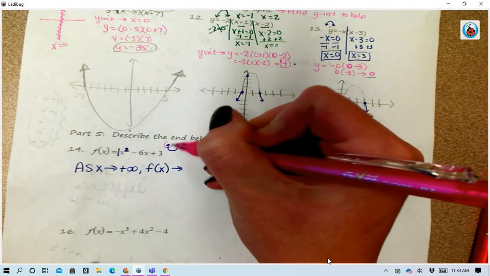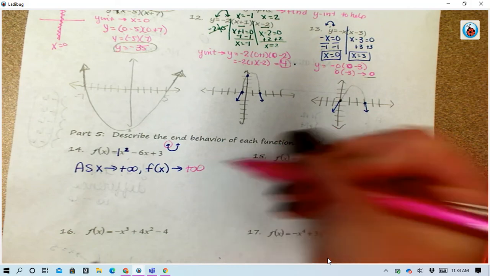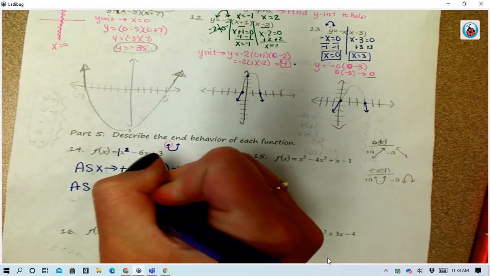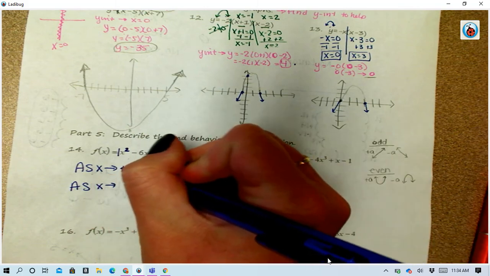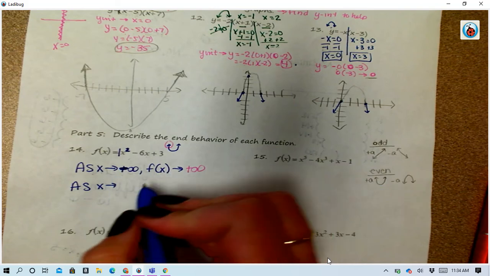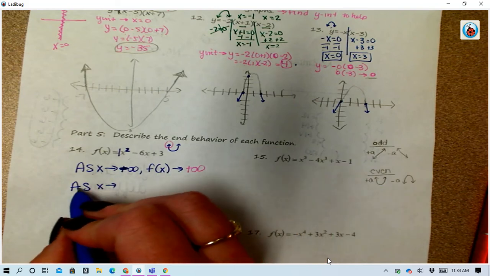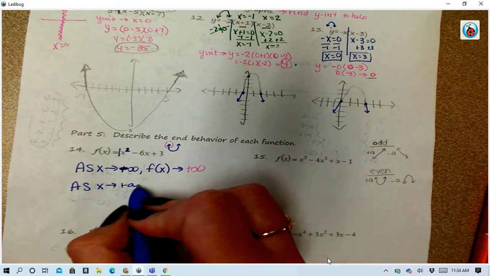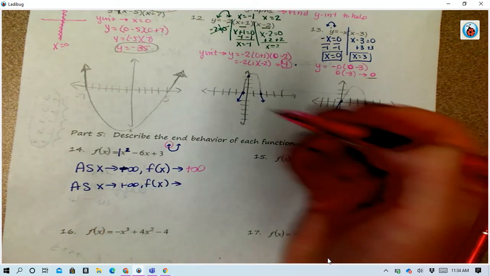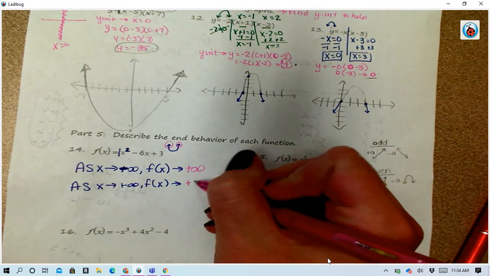This left arrow goes towards positive infinity. On the right, as x goes to positive infinity, f of x also goes to positive infinity. Sorry for that typo.